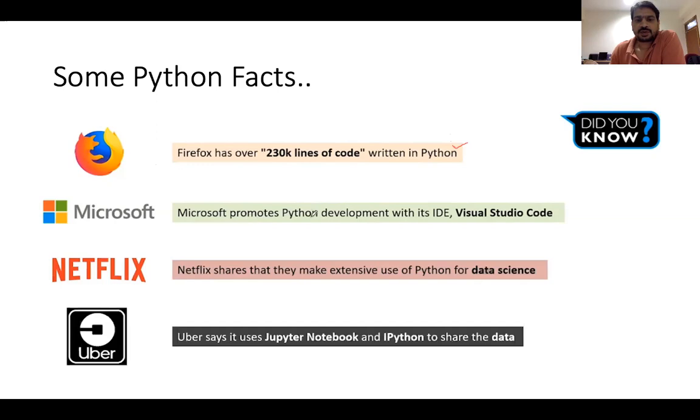Microsoft promotes Python development with its IDE Visual Studio Code. So there is an IDE created by Microsoft, and Microsoft is actually promoting Python. Netflix, we all know what Netflix is. Netflix is a video streaming platform, and Netflix shares that they make extensive use of Python in data science.